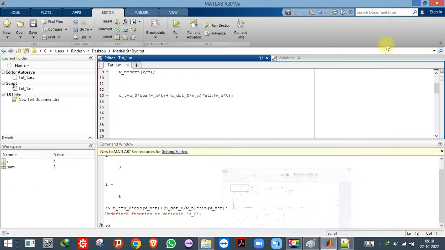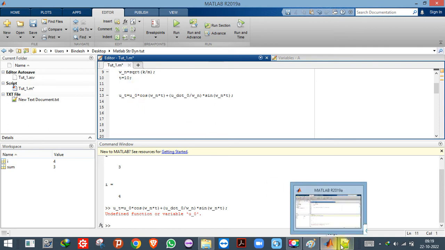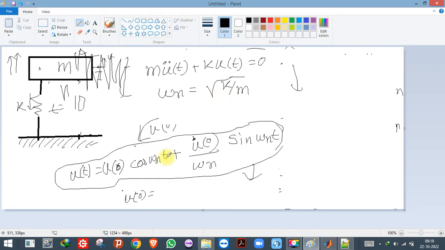So how will the response be monitored? Let's say t equal to 10 seconds. Now to track the history at exactly t equal to 10 seconds, you can simply find out where it will be after 10 seconds, or what the response will be. But you have been asked to monitor the response at each 1 second. In 1 second, what is the response? That means we'll divide 10 seconds in steps of 1 second: 0, 1, 2, 3, 4, and so on. So likewise we'll plot the history.